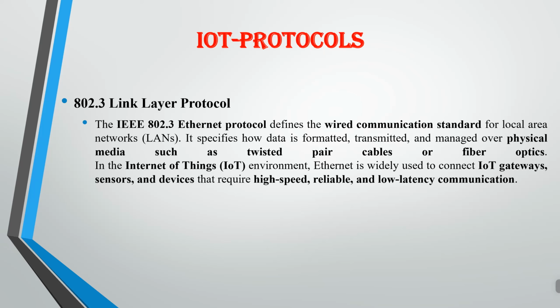Here we use wired communication, and the protocol's responsibility is to format the data, transmit the data, and manage the data over the physical media such as twisted pair cable or even the latest fiber cables. So this particular protocol is meant for wired communication for local area networks, which manages twisted pair as well as fiber optics.